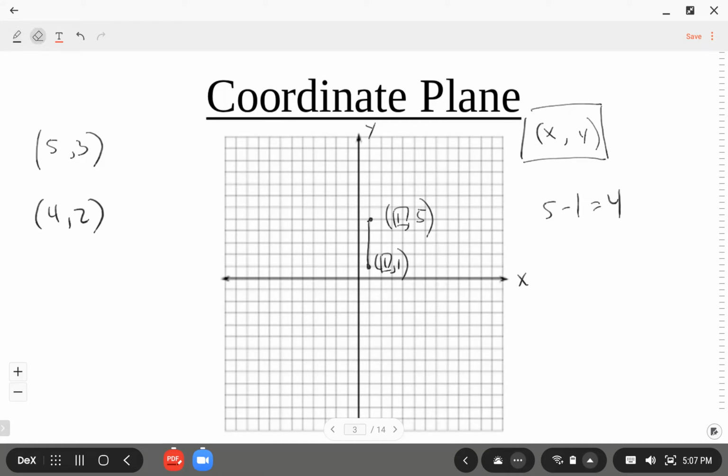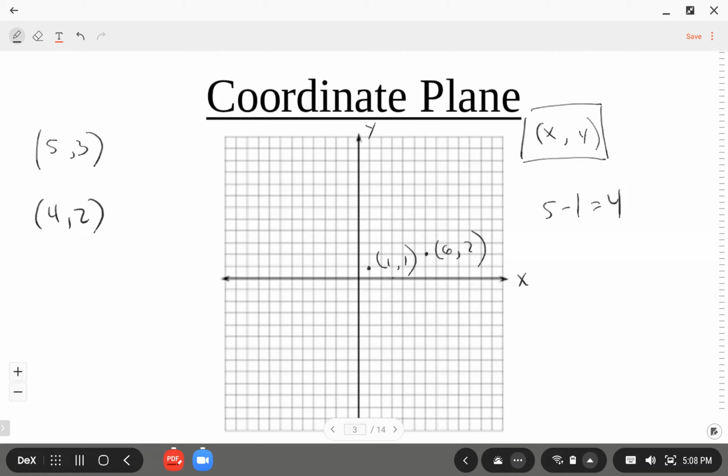But now, how do you find the distance between, let's say, (1, 1) again, and (6, 2)? How do you find the distance between coordinates that are not on an exact straight line in the coordinate grid?